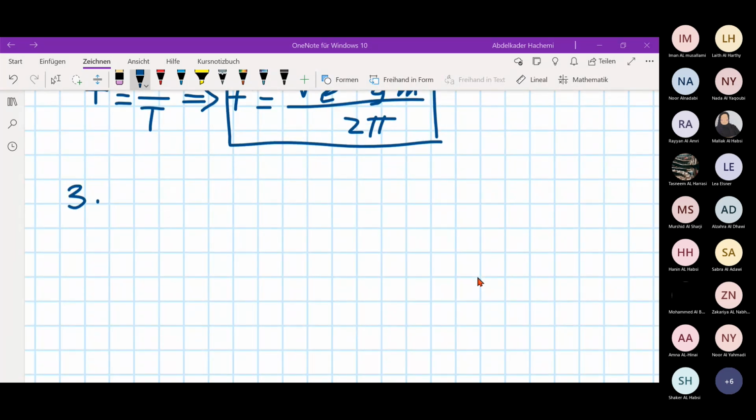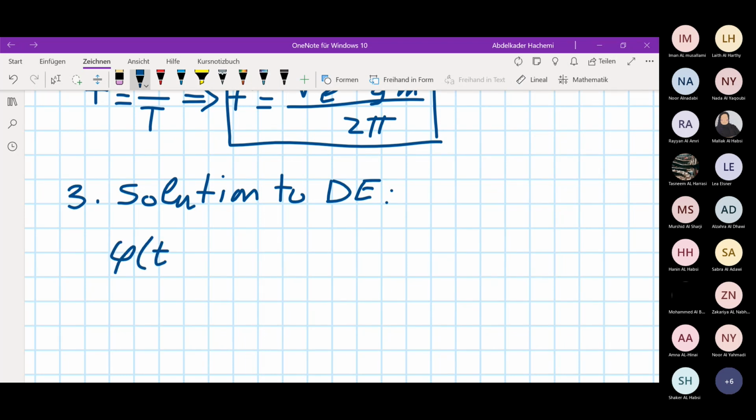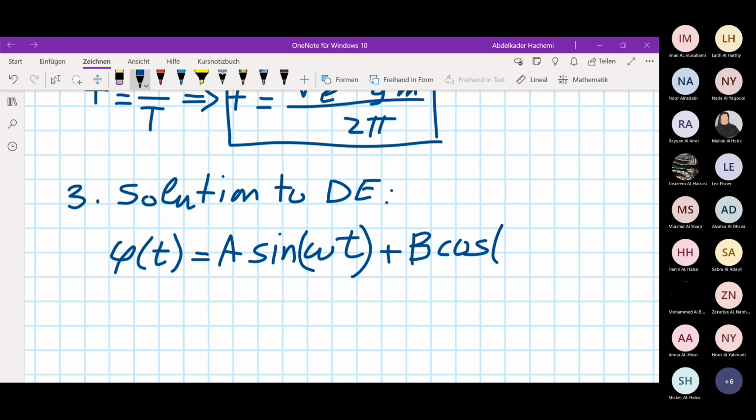Phi is always given by A sine omega t plus B cosine omega t.